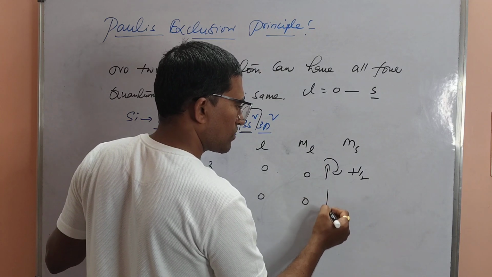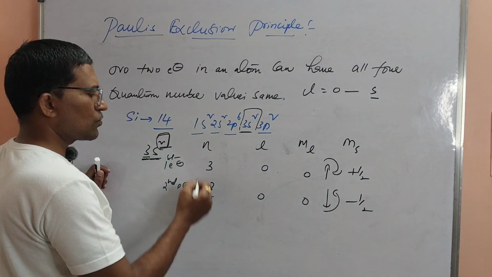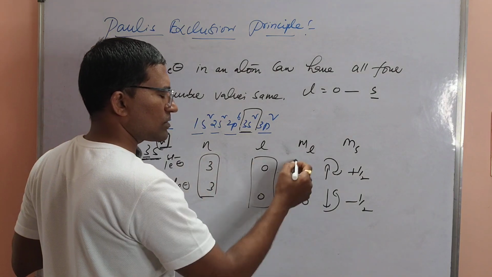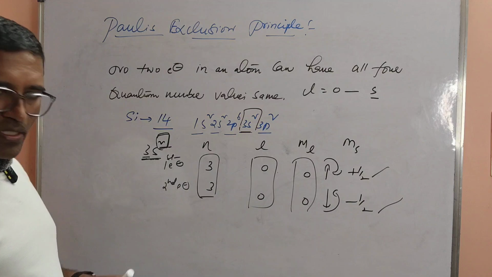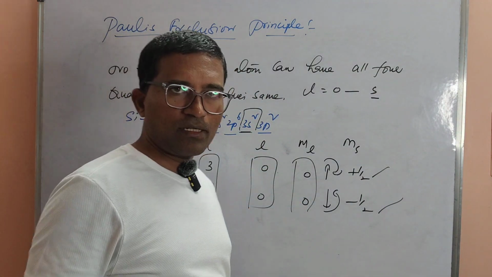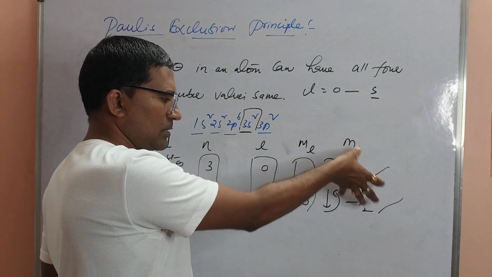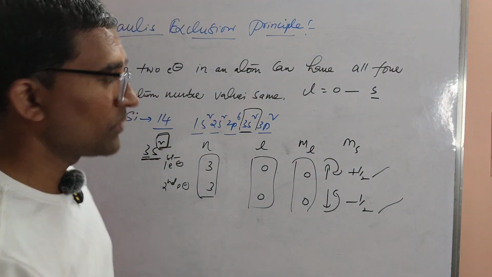Another electron is the downward arrow, meaning anti-clockwise, minus half. See, these two values are the same, but for both the electrons the ms values differ. Understood? Okay. In whatever examples you take, the spin quantum number values will always differ. The remaining may come the same.